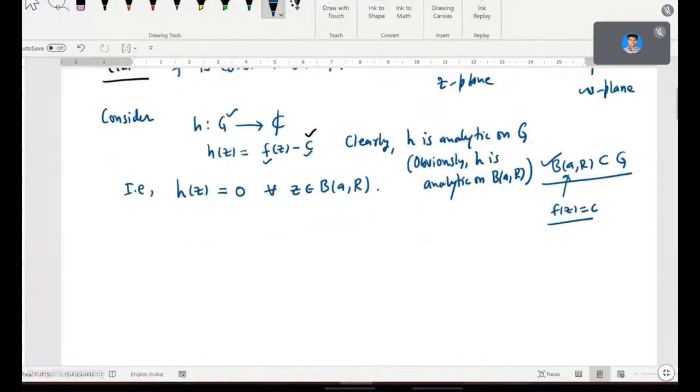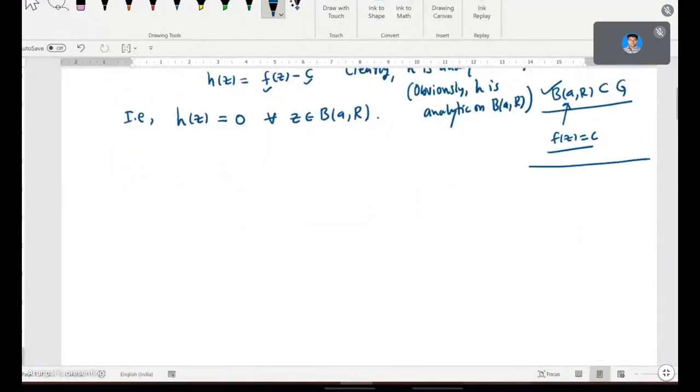Now class, you use that classic theorem.